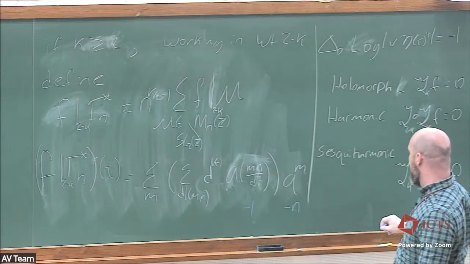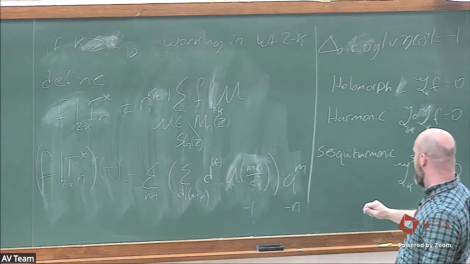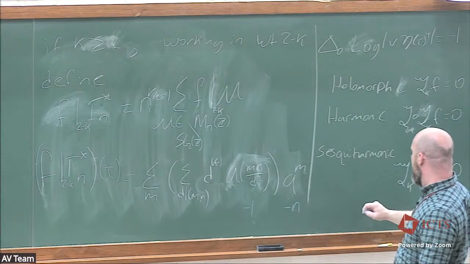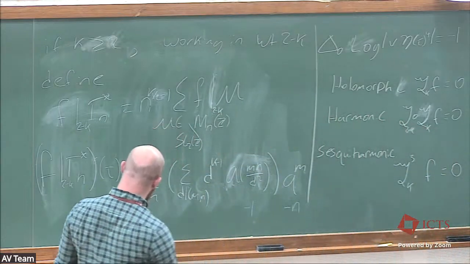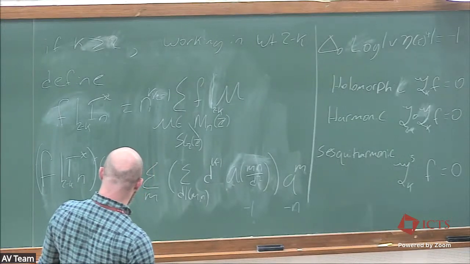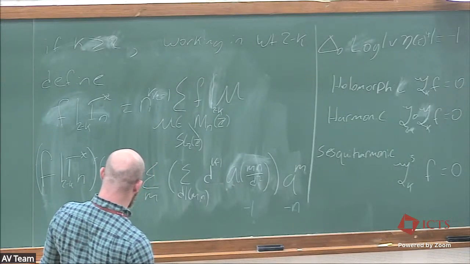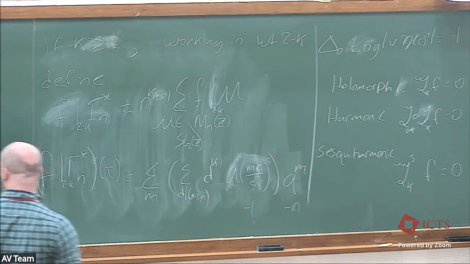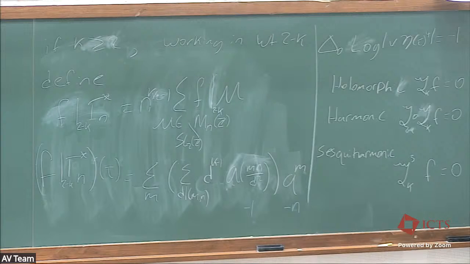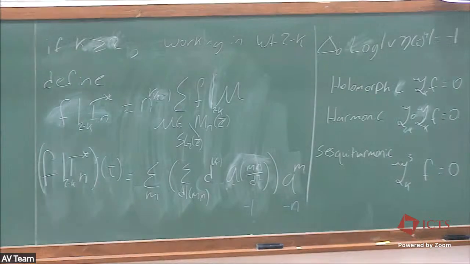Did I have it right? Yeah, so this is going to come in from d equals n. But that means I had my normalization right the first time. Did I have q to the m minus p? That's right, I did. I had my normalization right the first time.